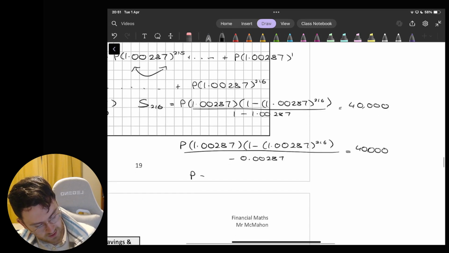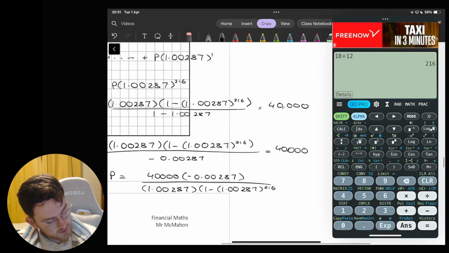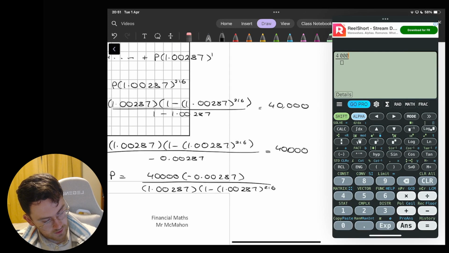And then we can say that P is 40,000 times 0.00287 over 1.00287, 1 minus 1.00287 to the power of 216. So let's just fill all of that carefully into our calculator. 40,000 times 0.00287 over 1.00287, 1 minus 1.00287 to the power of 216.